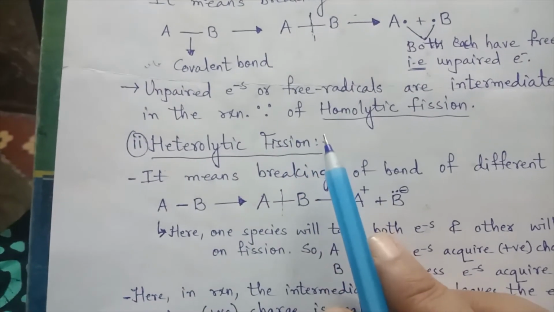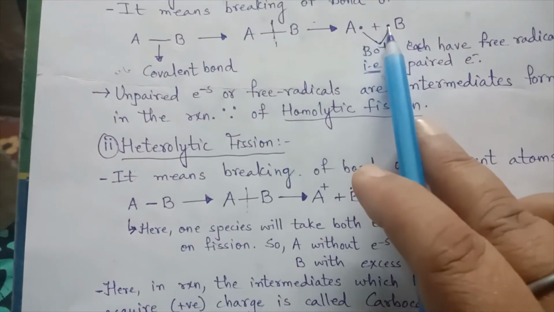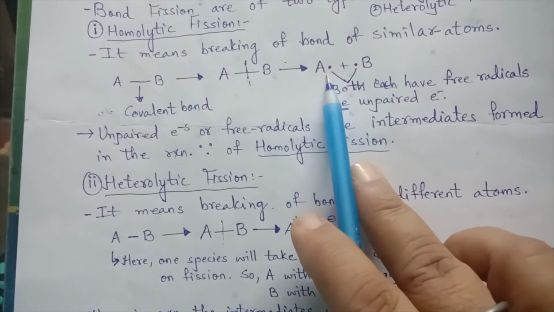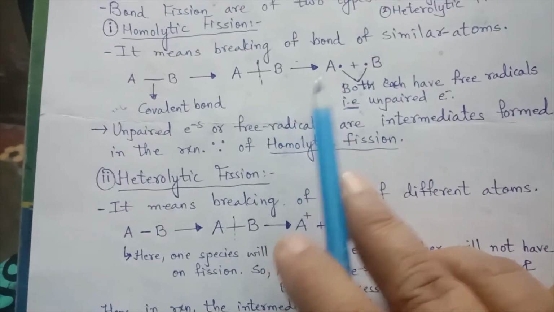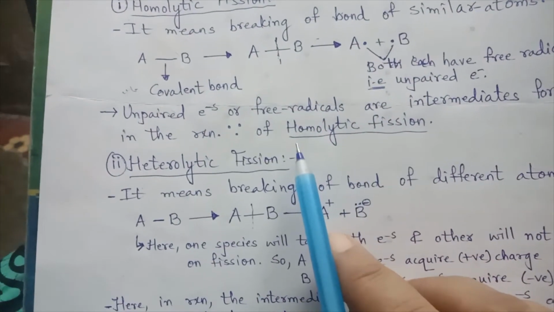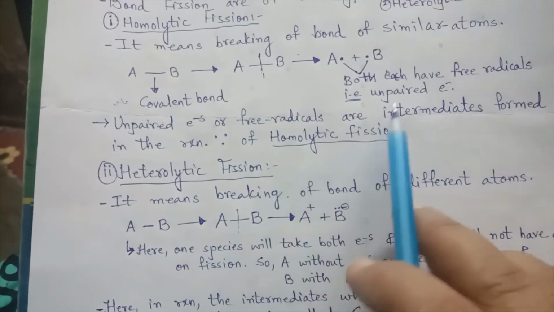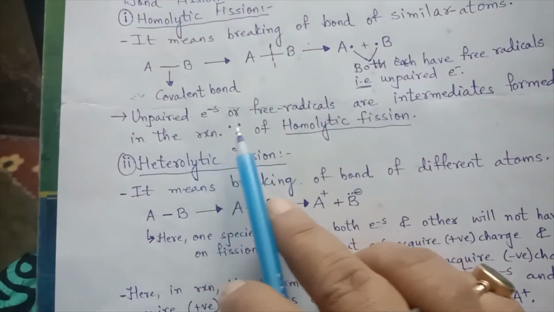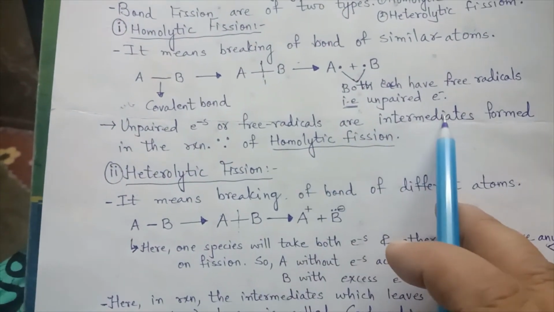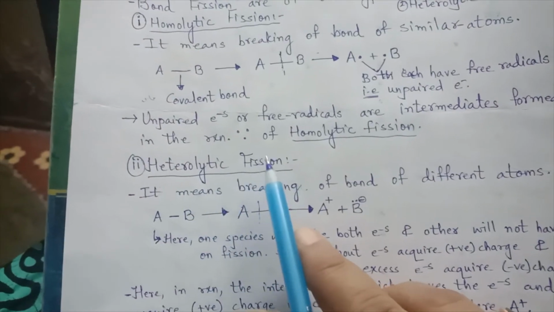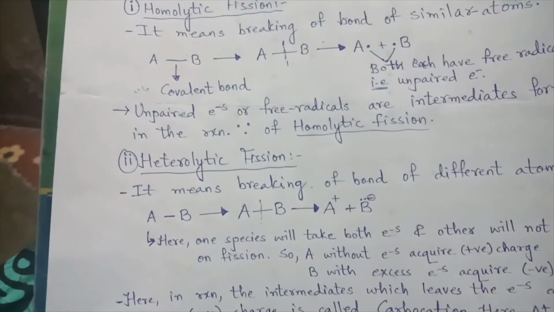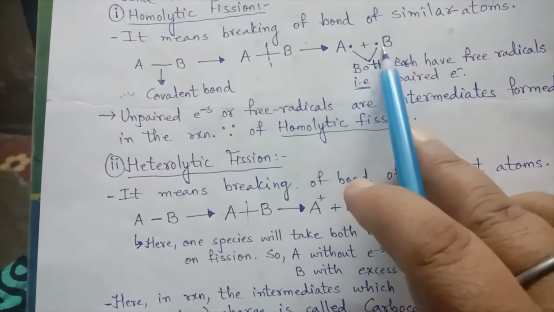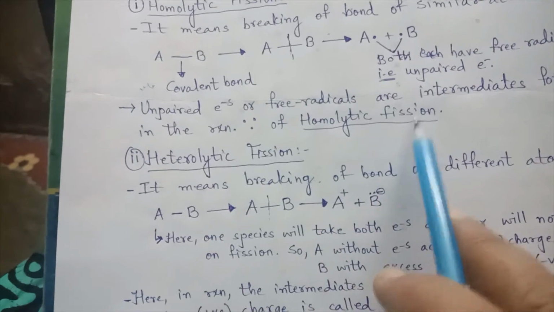Due to the fission, when atoms acquire electrons in equal number after breaking, they are called free radicals, right? Both have free radicals. So unpaired electrons or free radicals are intermediates formed in the reaction because of homolytic fission. So free radicals as an intermediate are formed in homolytic fission.